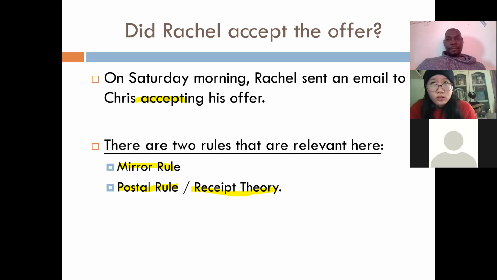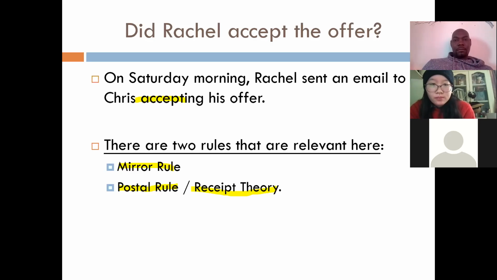Usually it has to do with the mirror rule, because the contents of the agreement have to match each other. There are no major changes, and it's all expressed without any room for confusion.